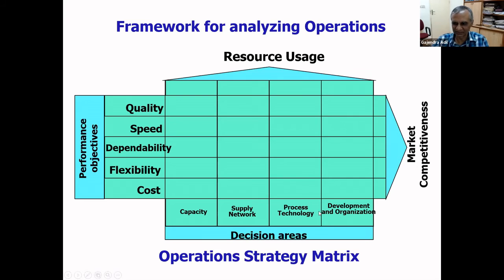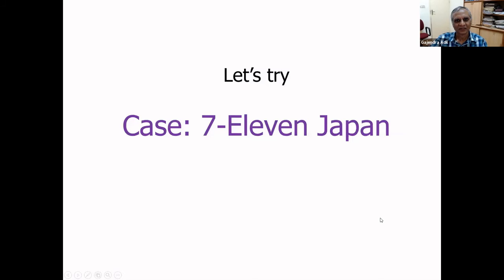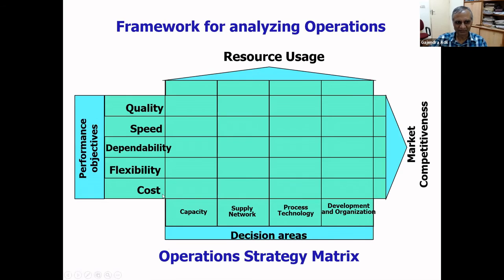This is one grouping, but not the only one. It will be good enough for this case study on 7-11. So we'll go into this 7-11 case and try to develop this matrix. The basic idea is to see whether your decisions are aligned to your emphasized priorities.